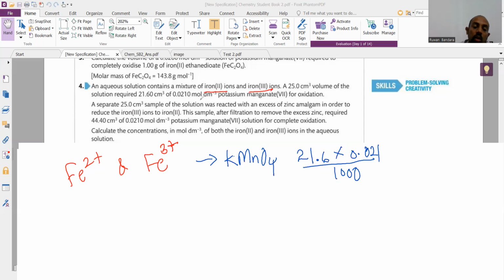Right. Now, if we are going to react this mixture with the potassium manganate, will Fe3 plus react? What do you think? Yes or no? Will Fe3 plus react with KMnO4?